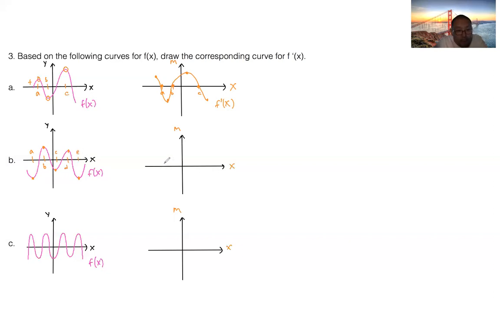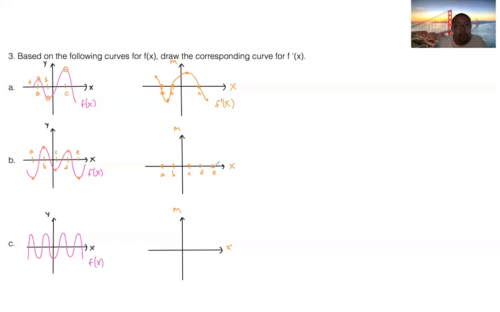I'm going to try to evenly space it out so that it makes sense. So let's call this A, B, C, D, and E. And at all of these points, the slope, the m, the rise over run, is going to be 0.